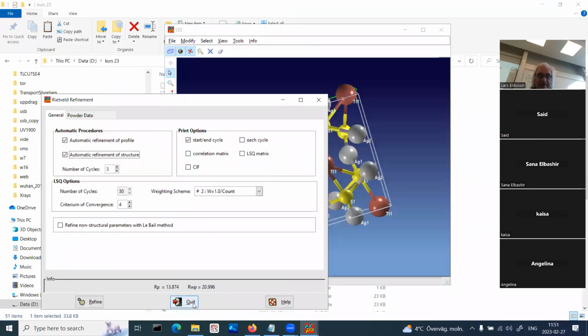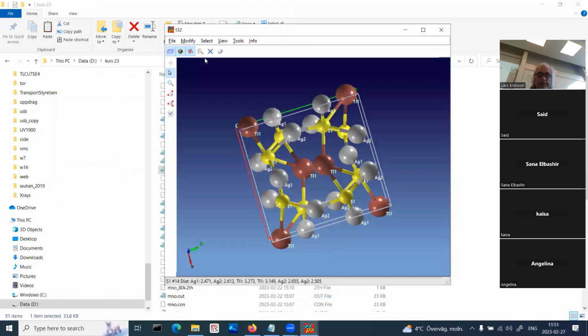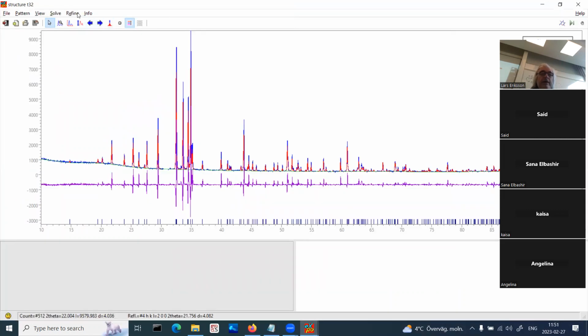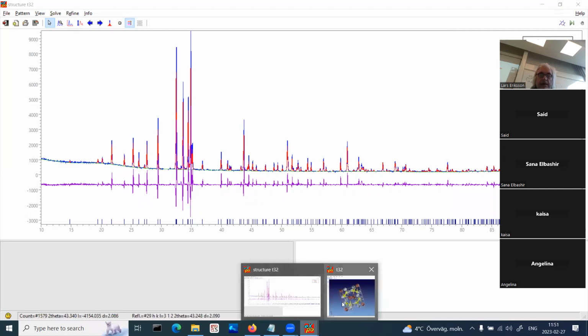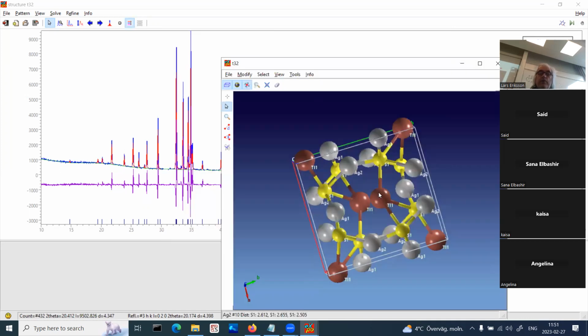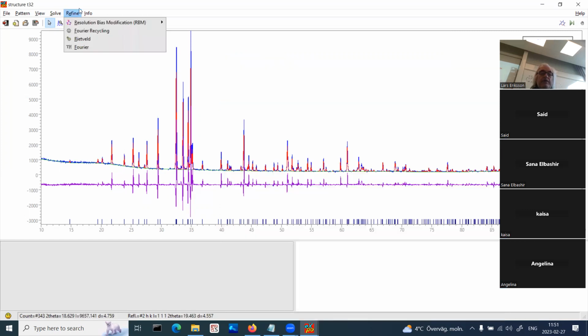Quit. Expo there. Here we had it like that, and then there are two windows generally in Expo, one the viewer and then the main window. And in the main window there is a refine with a Rietveld.